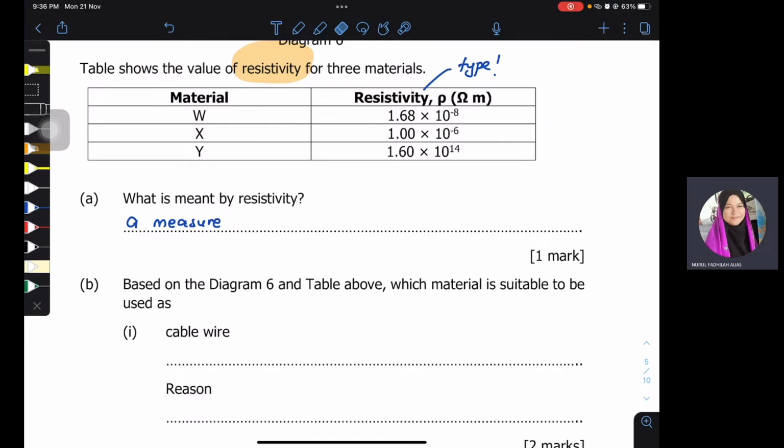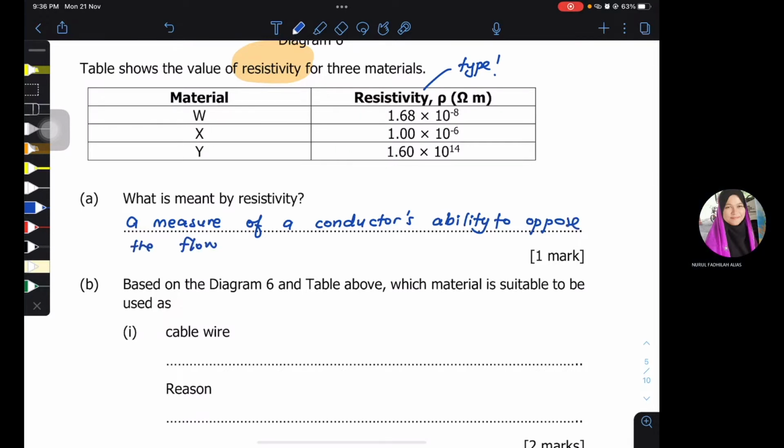It's a measure of a conductor's ability to oppose the flow of electric current.